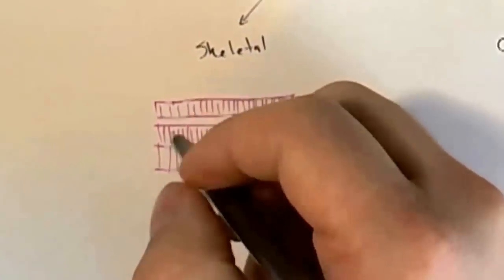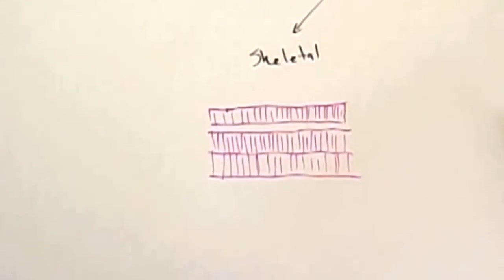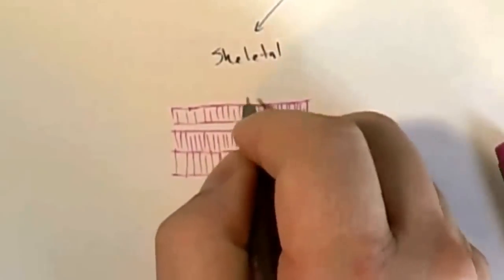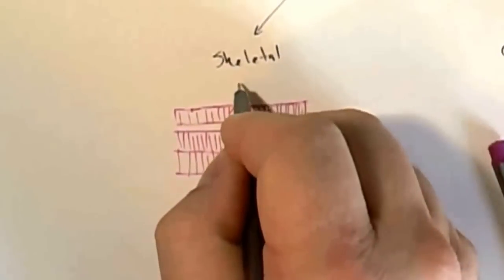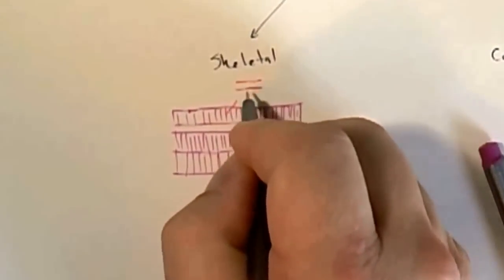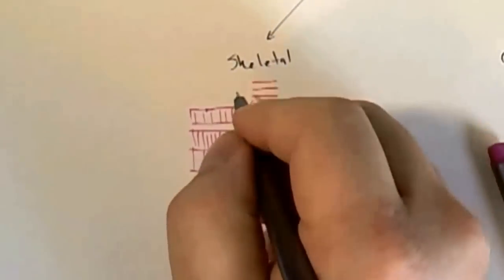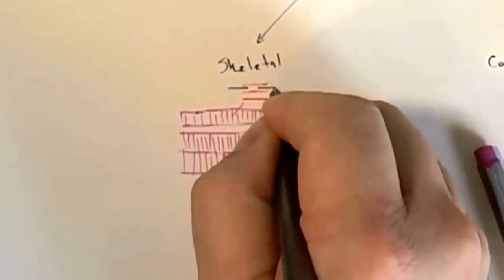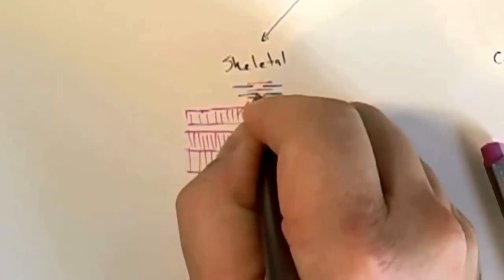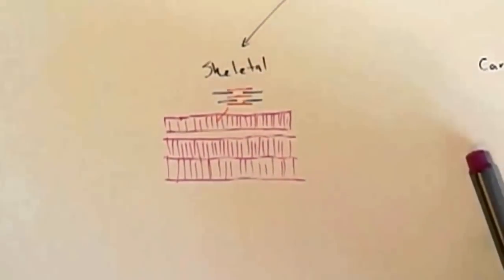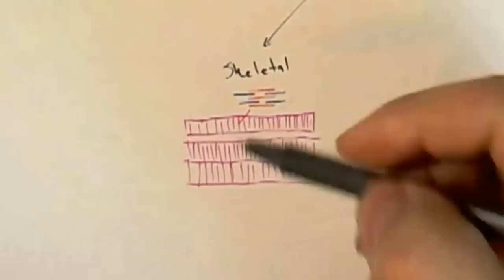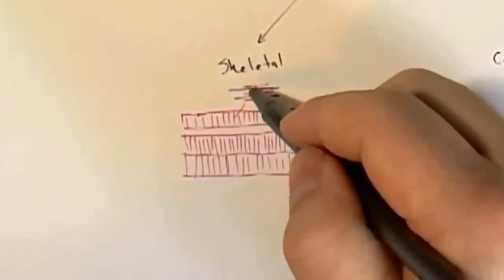But basically within this area, if I were to focus on this, within this area, there are fibers called myosin and fibers called actin. And when muscle contracts, these fibers slide against each other. And so when you look at muscle, deep down in there, you have these little layers.